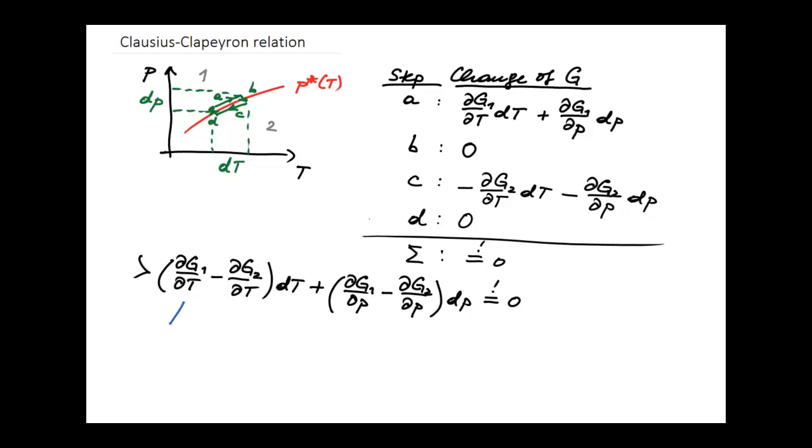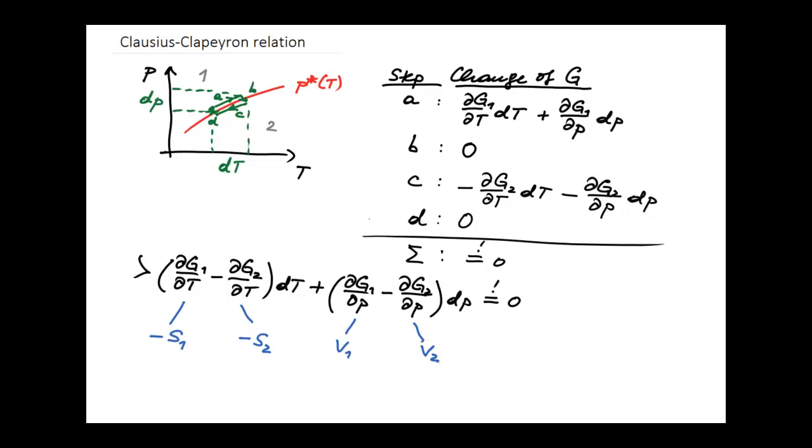We can identify the partial of G1 with respect to temperature, that's the conjugate of temperature, that's minus the entropy in phase 1. The partial of G2 with respect to temperature, that's minus the entropy in phase 2. The partial of G1 with respect to pressure, that's the volume in phase 1. This is the volume in phase 2.